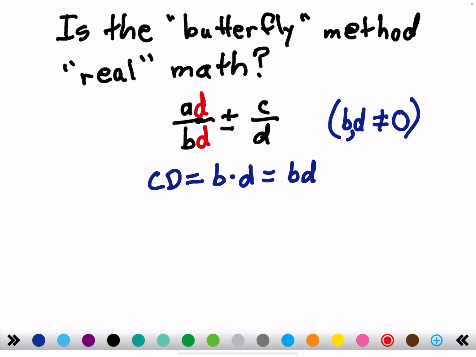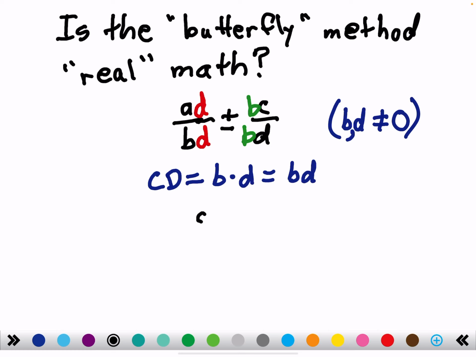Now our second fraction on the right side already has d in its denominator. What do we need to multiply both the numerator and denominator by to get the common denominator of BD? We multiply both numerator and denominator by b.